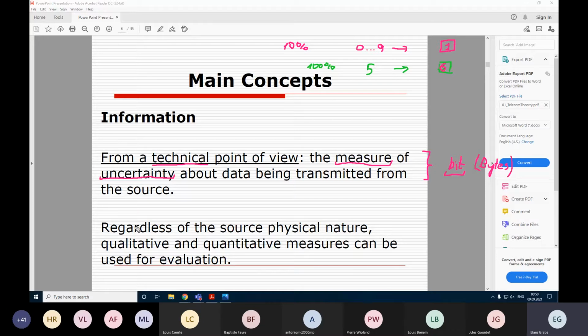Well, I used the term message before describing what it means, but we'll describe it right now. So regardless of what type of information it is, it's always possible by using this technical definition to describe it in quality and in quantity. For the quantity, this is the amount of information, but for the quality, it's whether the information has been transmitted correctly.